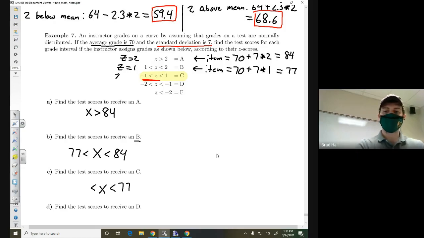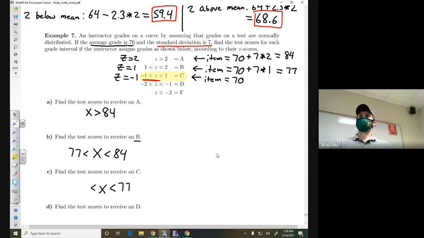In other words, when z is -1. Remember, a z-score can be negative. In fact, that tells us some useful information. Since the z-score is negative, this means that we are below the mean. So that means we want to put a minus sign here. The standard deviation is 7, and the magnitude of the z-score is 1. So that's 63.